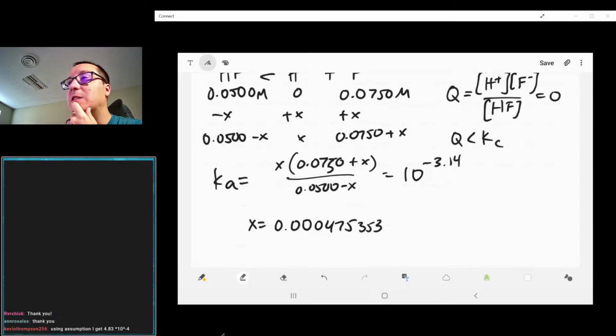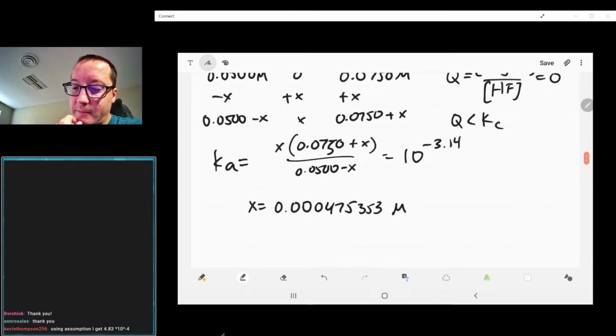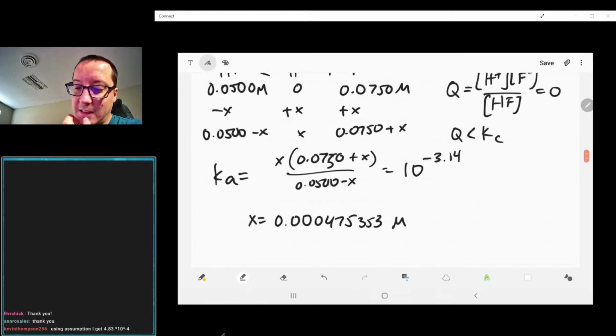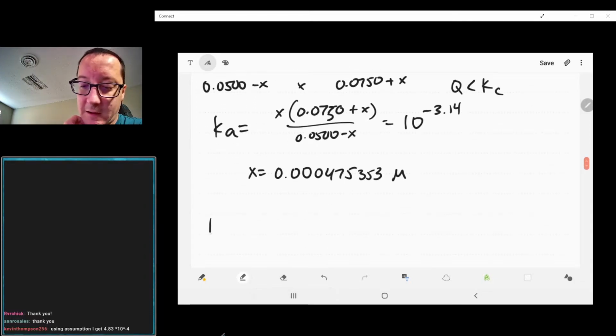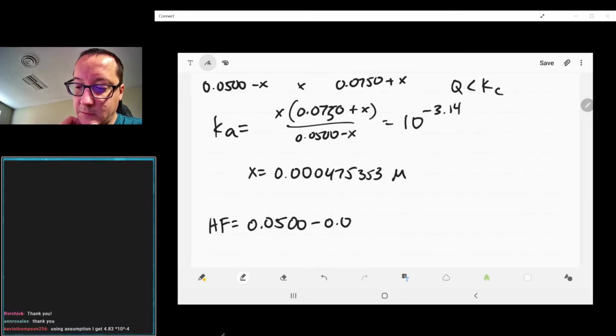So, what's the percentage on that? That should be less than 5%, because that's 2 orders of magnitude, so it's about 1%, or a little bit less than 1%, so we should be okay. So we're good. That would be molar there, and so we can see that our HF concentration will be 0.05 minus this.